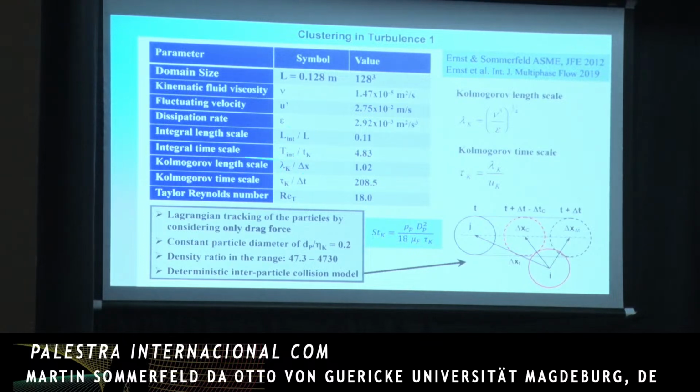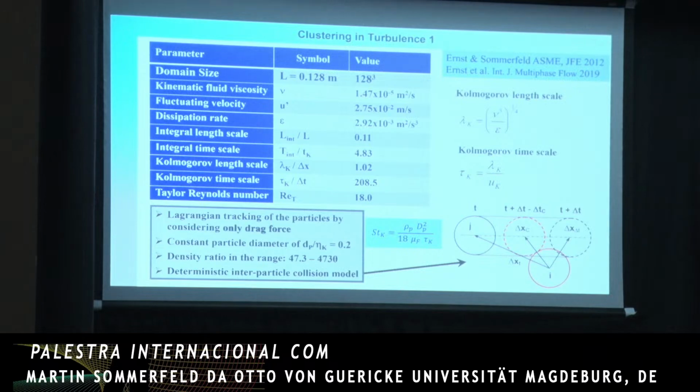The length scale over the grid size is about 1. Of course, what is DNS? DNS means you have to resolve all the scales. Normally, it means that your grid should be smaller than the Kolmogorov length scale. But in many cases, people take a value around 1.